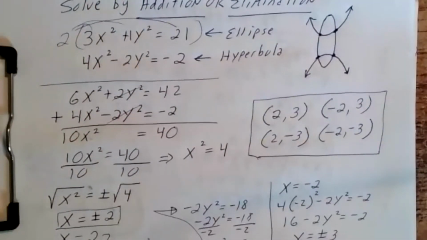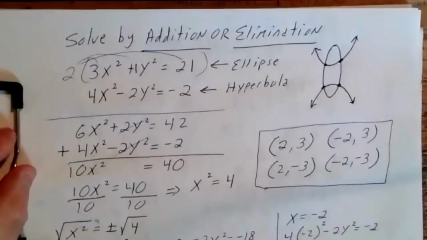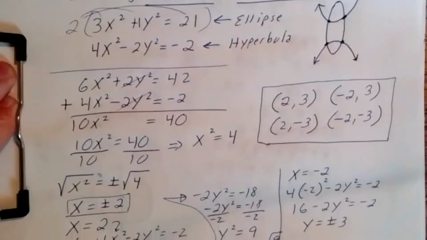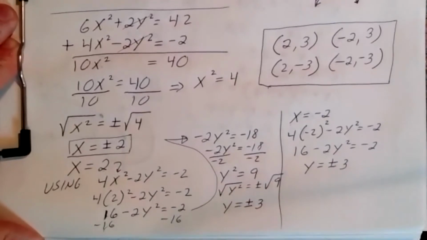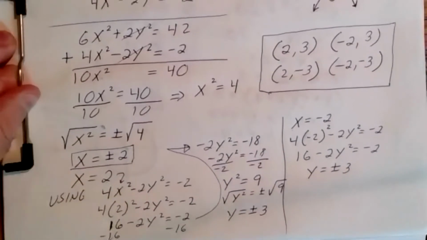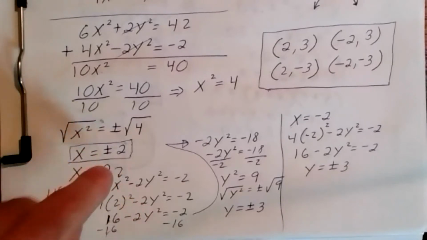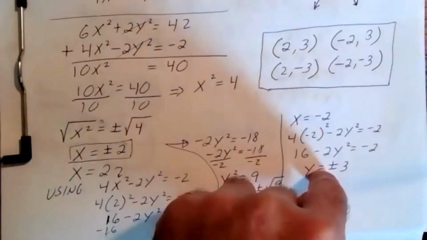Any questions how we solve that system by using the addition or the elimination method, ladies and gentlemen? That's a classic problem there. It's an excellent example illustrating this addition or elimination method for nonlinear systems. We understand how we got all our solutions down here, letting x be 2 first, finding y, and then letting x be -2 to find y.